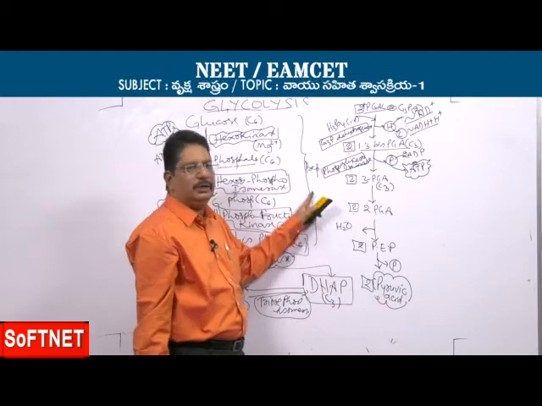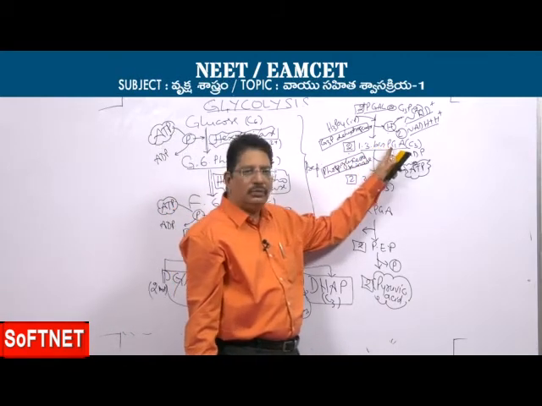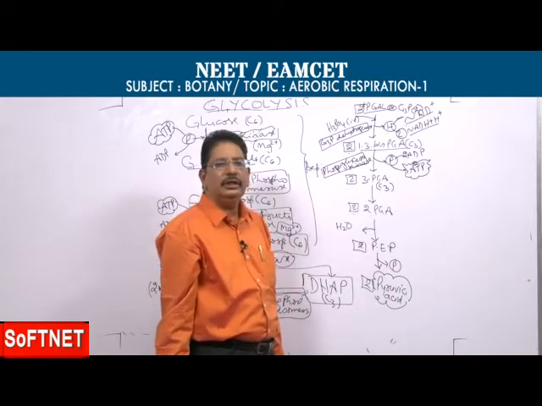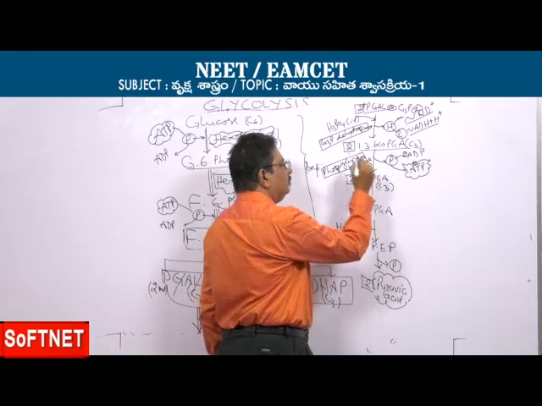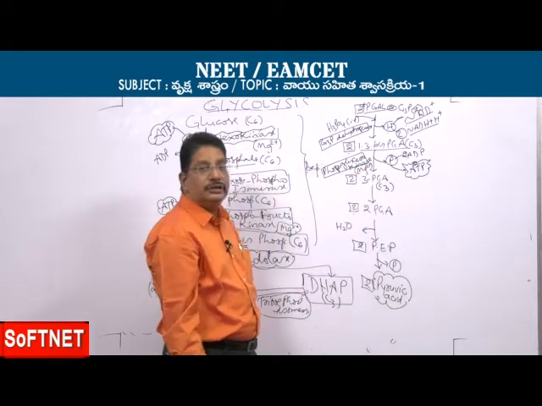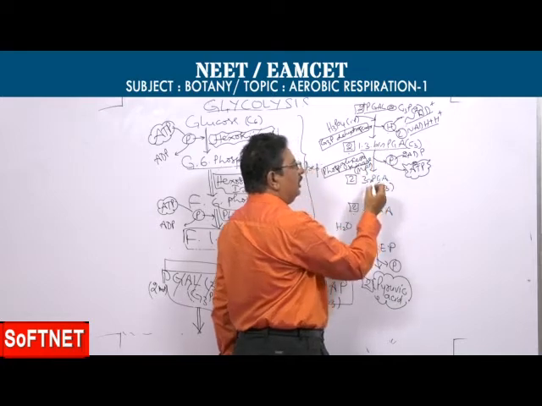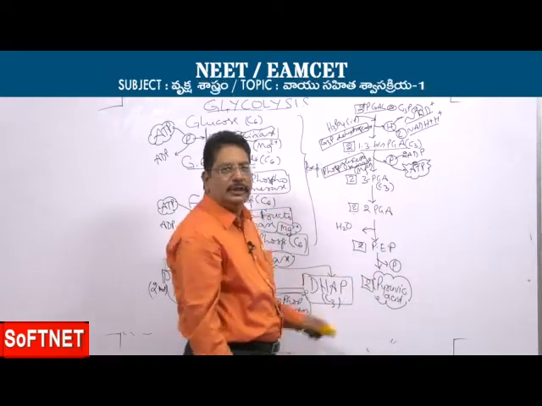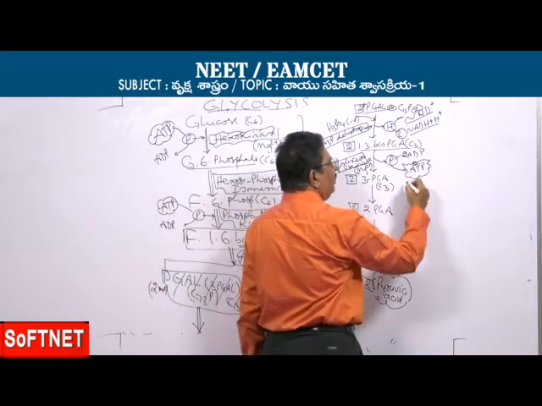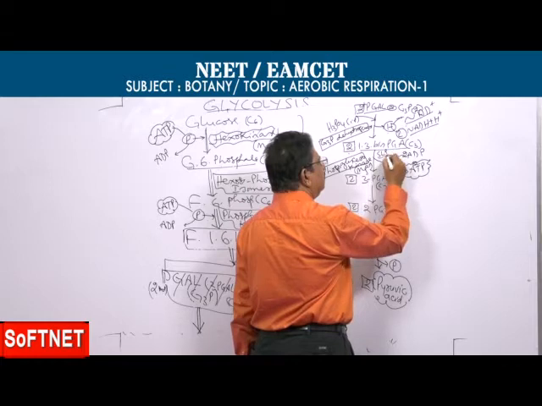Phosphoglycerokinase is an enzyme which catalyzes this reaction, the conversion of 1,3-bis PGA into 3-PGA. Again, magnesium is the cofactor. This formation of ATP, when one substrate converts into another substrate without participation of ETS, is popularly known as SLP.